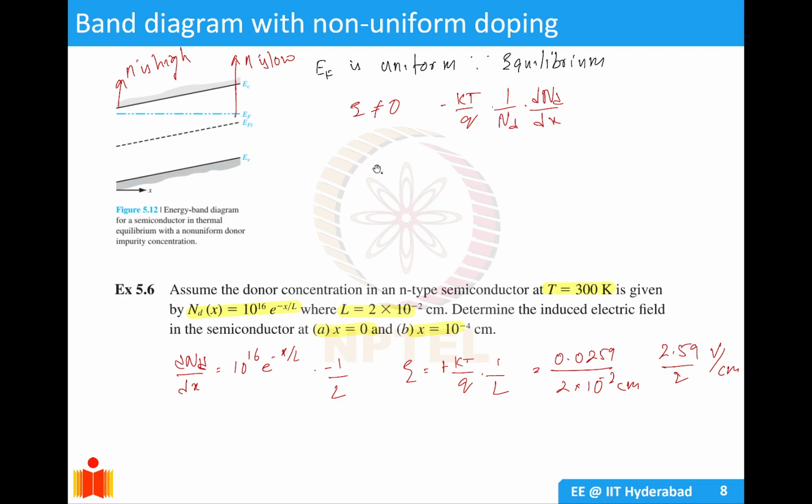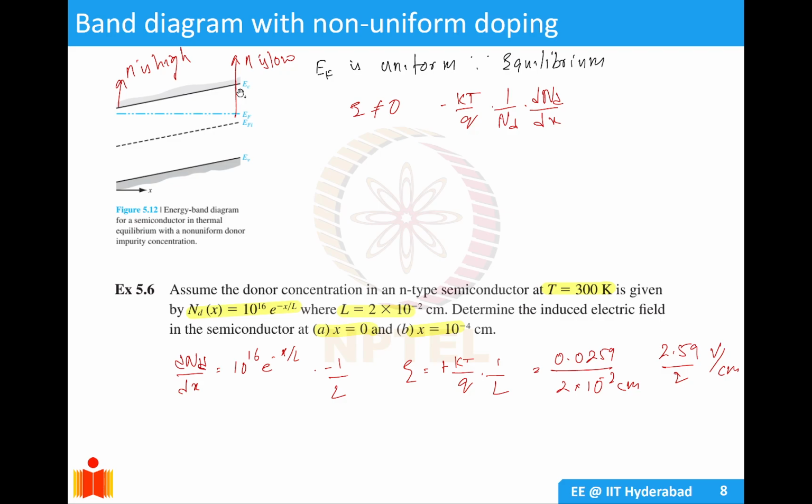And then how will the band diagram look for non-uniform doping? So it will look like this. At this point, your electron concentration is high, so your Fermi level is closer to EC.